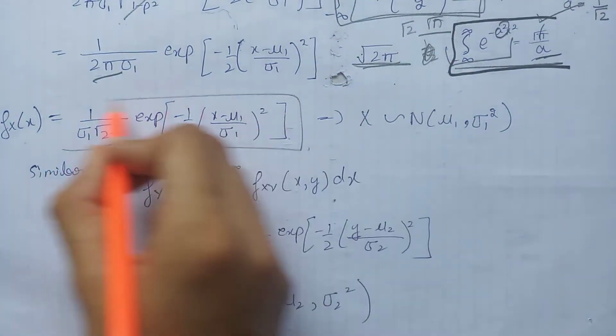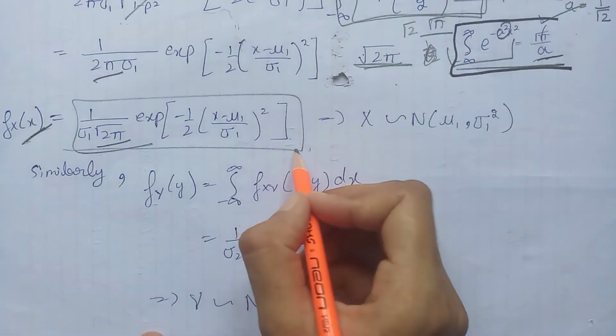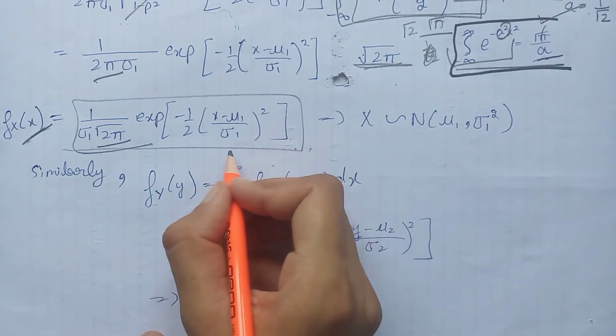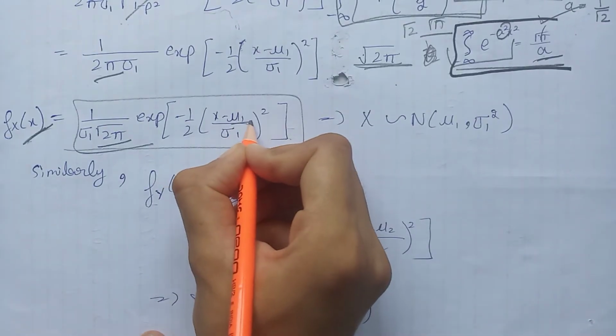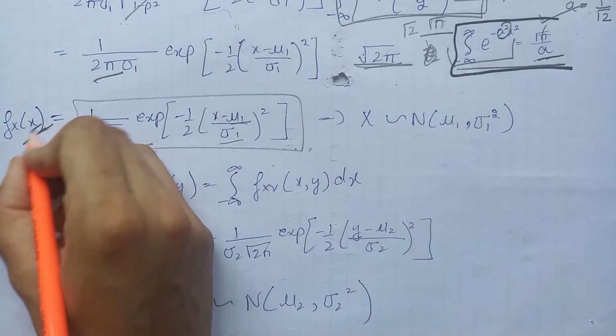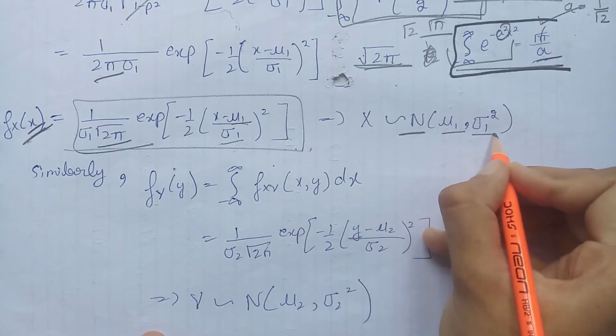So this is the marginal distribution of our x random variable. We can see that it is equal to the PDF of the normal distribution, just the difference is in place of mu we are writing mu 1, and in place of sigma we are writing sigma 1. That means our x random variable belongs to the normal distribution with mean mu 1 and variance sigma 1 square.